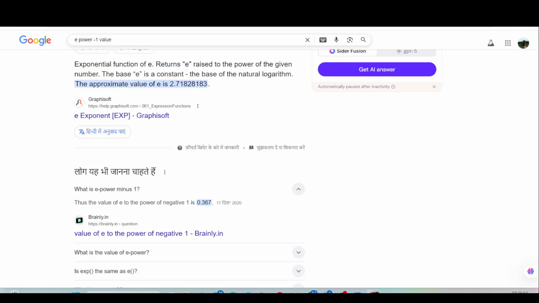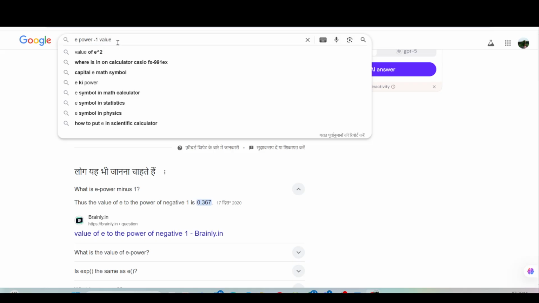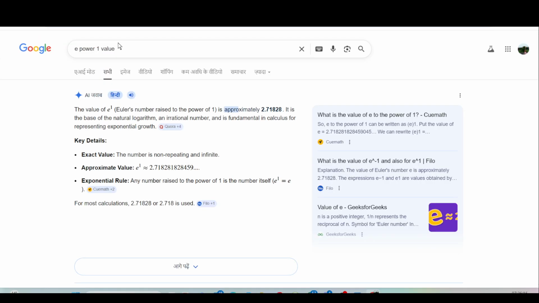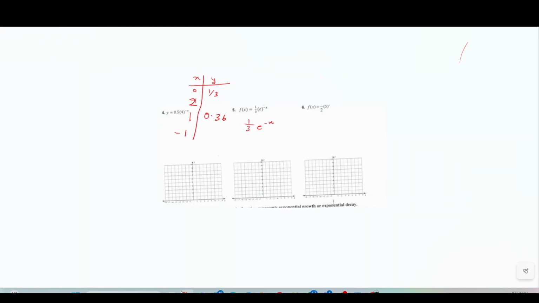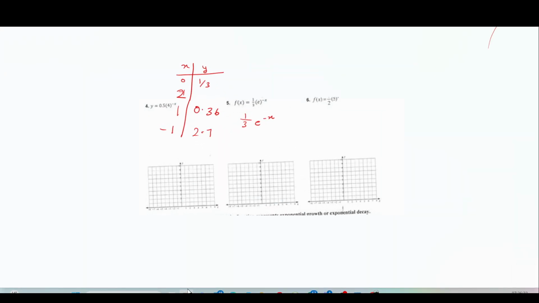Okay, so wait. First I get 0, comma 1/3. If you put negative 1, because this is e to the power negative, negative 1 will become e to the power positive 1, which is 2.78. And then e to the power negative 2, because x is negative.